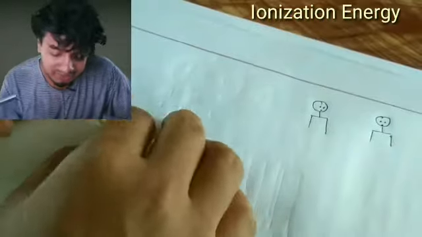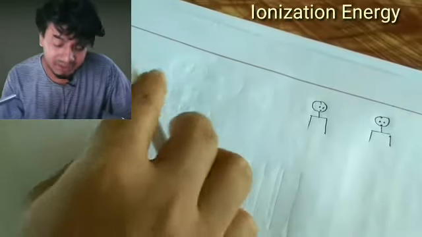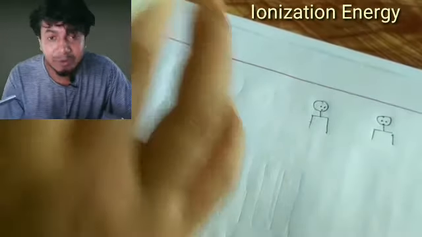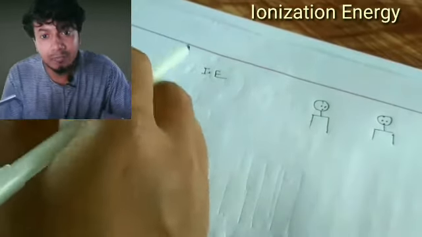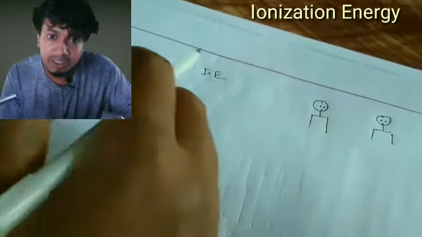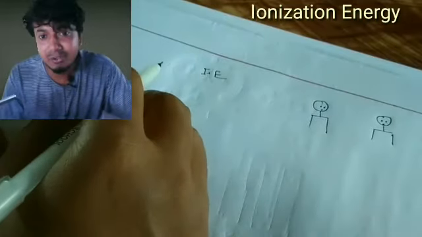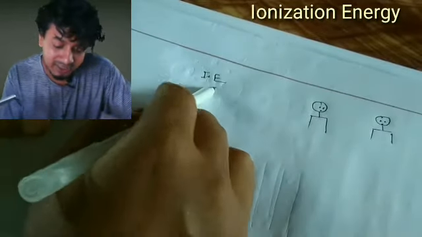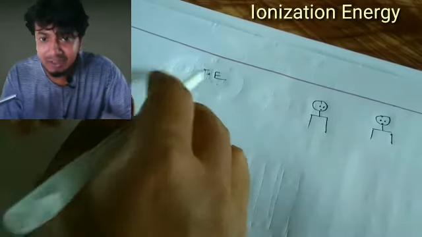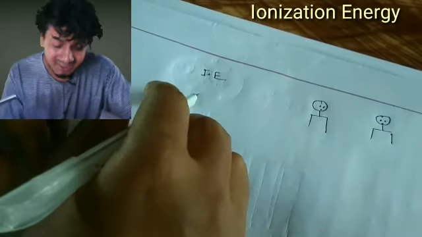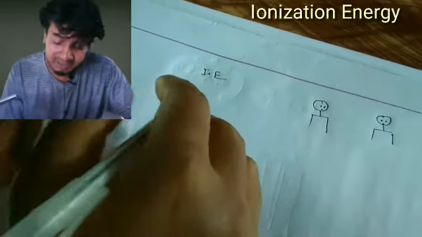Now ionization energy. I will make it fun, but how? If you want to steal or remove an electron from the outer shell of an atom, you need energy. This energy is known as ionization energy. Let me explain with an example.